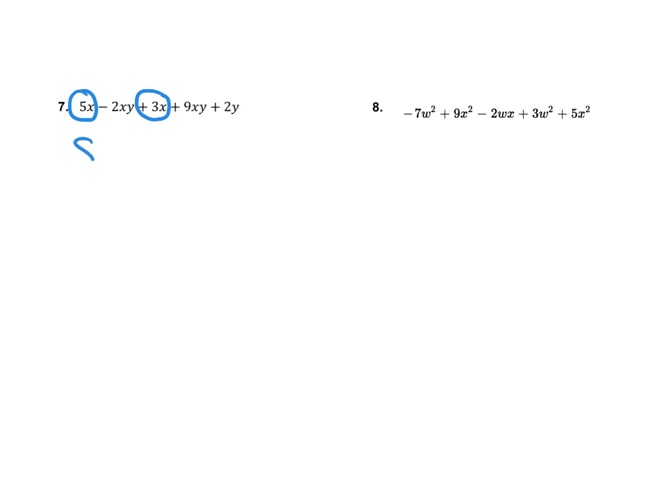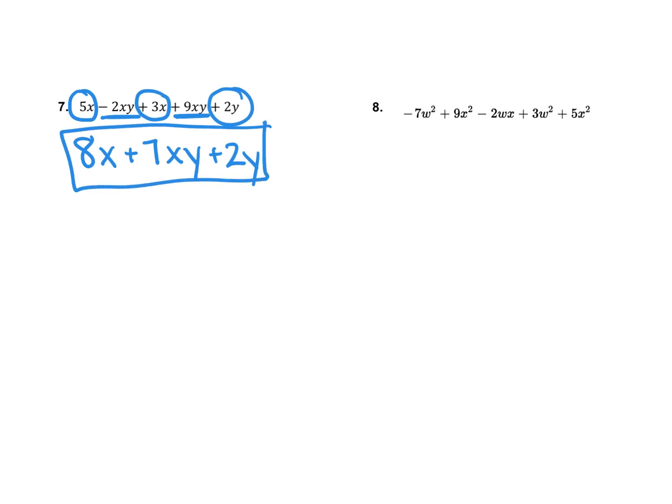That's going to give me 8x. And now I can combine a negative 2xy plus a 9xy, and that's going to give me then 7xy. And I don't have anything to put this 2y with, so it's just going to be 2y. And that is all the further I can simplify these because they're not like terms.